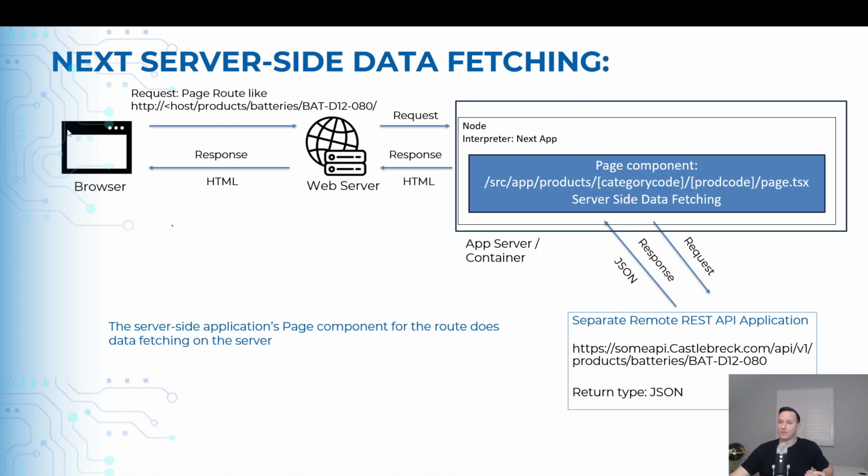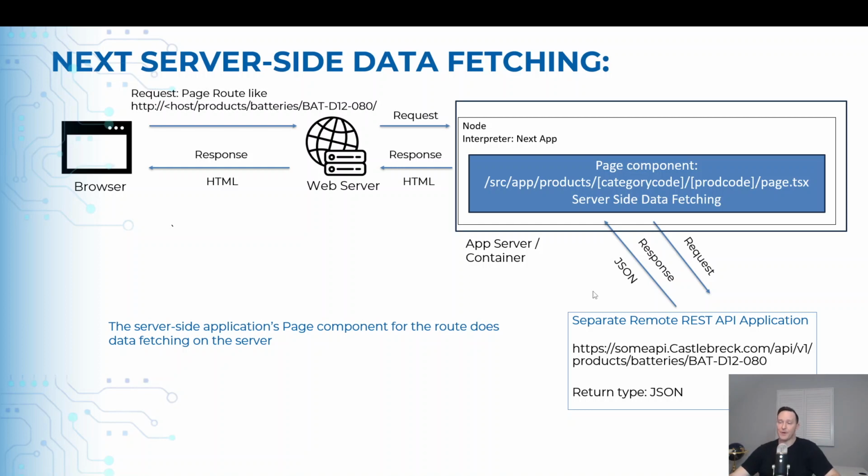So what the browser receives is a fully populated HTML document, which is different than the client-side rendered app, where the browser receives a pretty empty HTML file with placeholders and a big JavaScript bundle, and everything happens by rewriting the DOM at runtime. And for data fetching, you would be fetching from the browser to the server, as opposed to from the node interpreter on the server to the remote REST API.